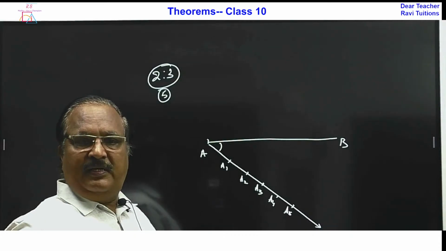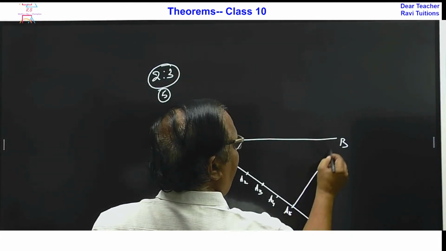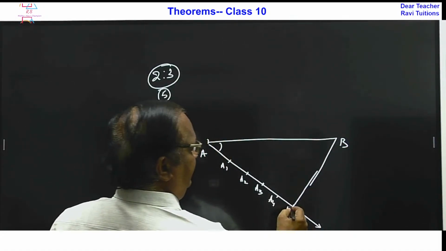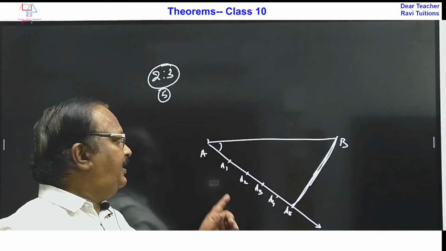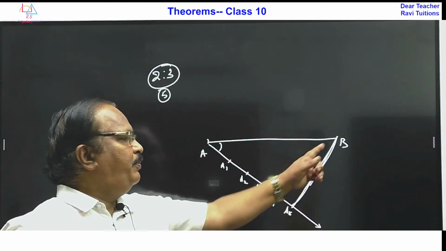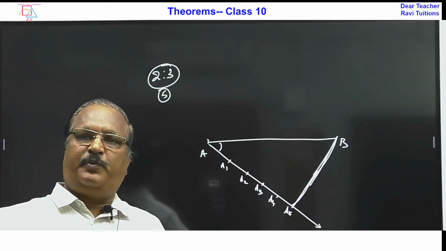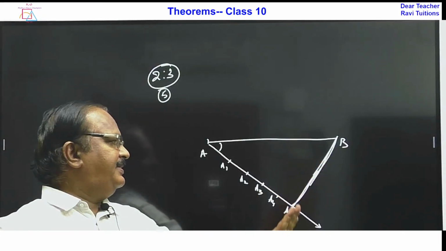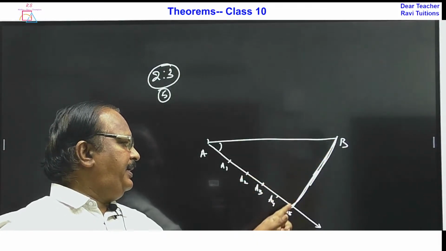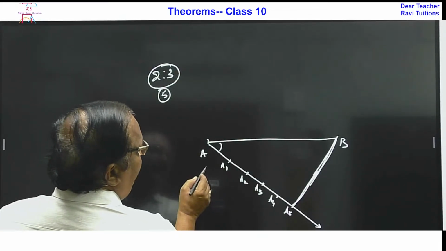So then you join this last point and this point. Okay. So then you got a triangle. A5B is a triangle. Then by using the basic proportionality theorem, you can draw a parallel line to base. Think that BA5 as a base. Now we want 2 by 3.